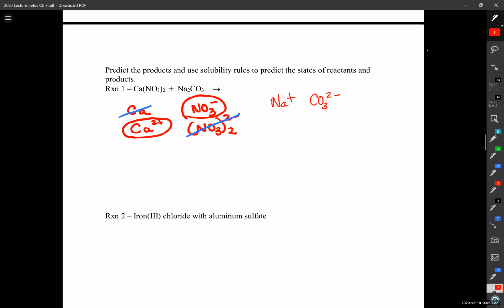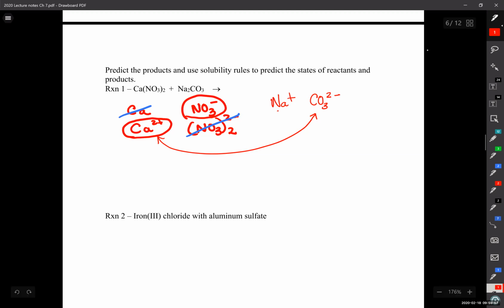Now what we're going to do is write the formula of the products based on the ion charges. So calcium's going to go with the carbonate. Why did I say that? Because a positive charge and a negative charge will get together. If it goes together with the nitrate, then you didn't do anything, right? So we're trying to predict what happens if a reaction takes place.